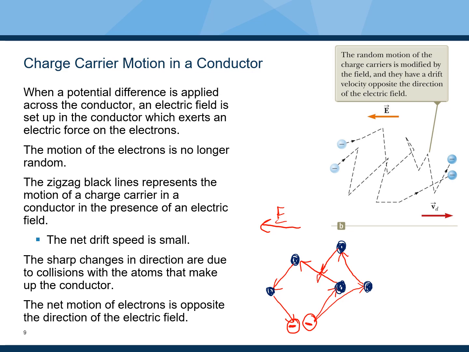Let's say it moves here, and then it will have another scattering yet with some other nucleus, and then it might have another movement to some other location out here, and it might find itself in this location at the end.